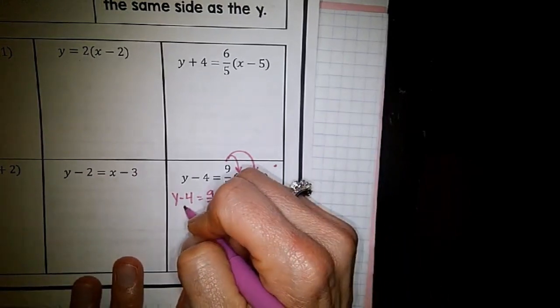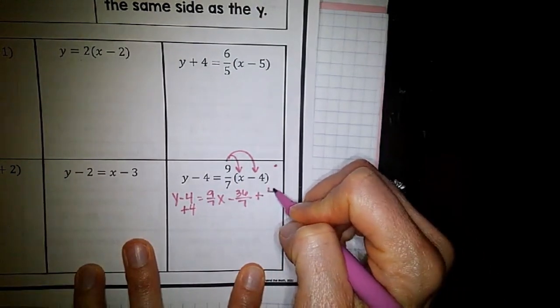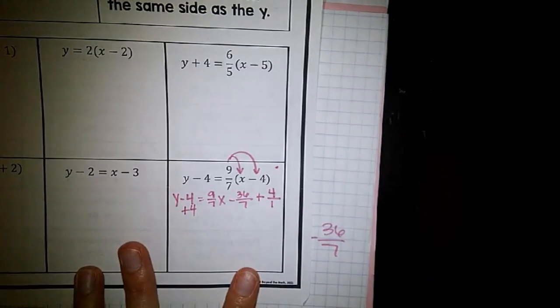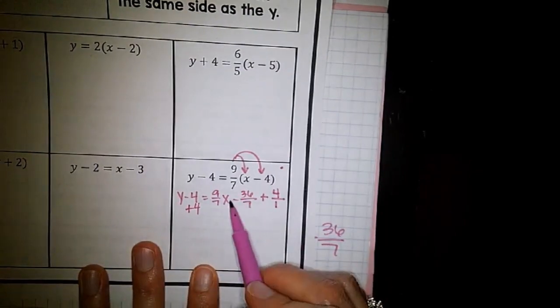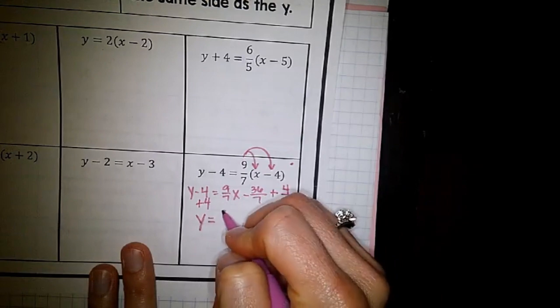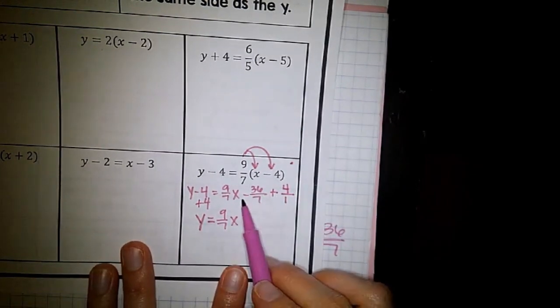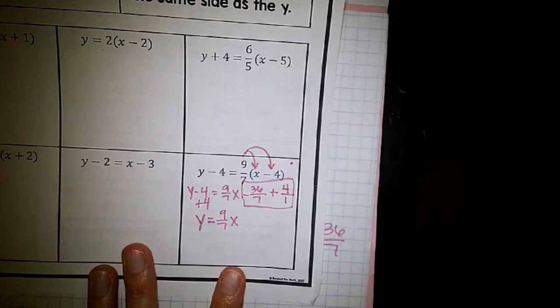Add 4. That means that we have to add 4 over what? 1. So, we're not adding 4 to anything on this side except for these back fractions. Here we go. y equals 9 over 7 times the value of x. But we cannot add these fractions the way that they're written. Can you?